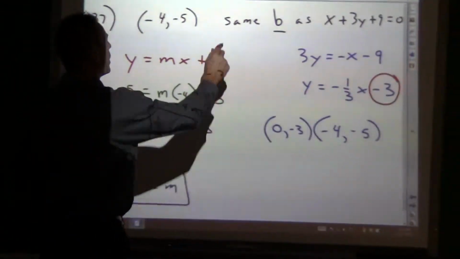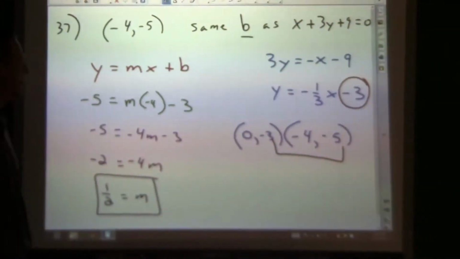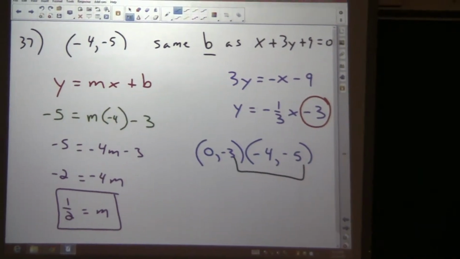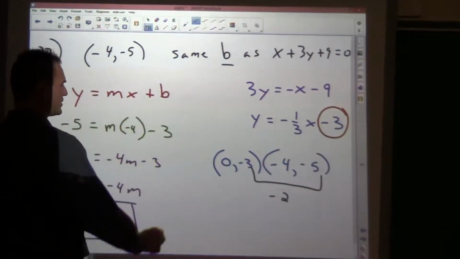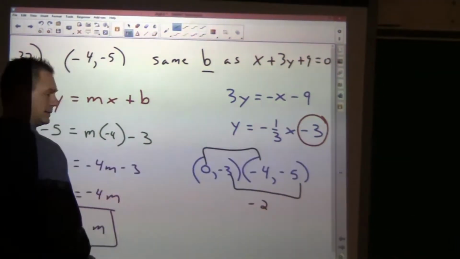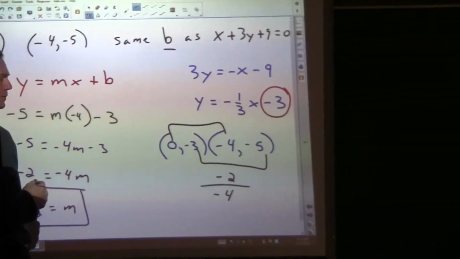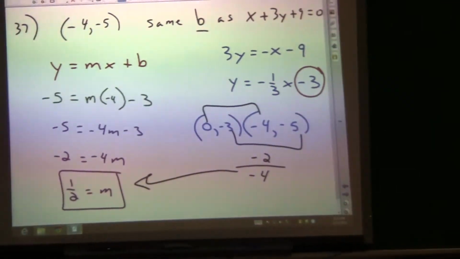Do the change in y and the change in x. How much does y change by? Actually, -2. How much does x change by? -4. Check it out. That equals 1/2. Same thing. Does everyone see how I checked it?